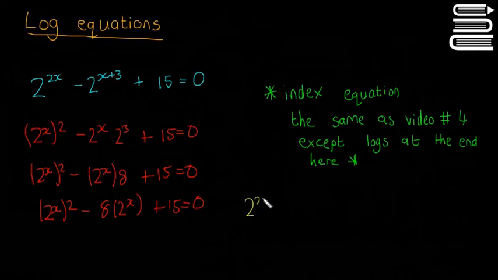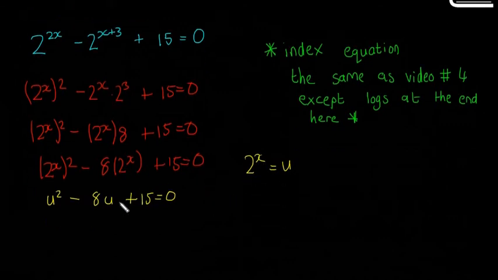So if we let 2 to the power of x equal u, then here we have u squared, u wherever 2 to the power of x was, minus 8 by u plus 15 is equal to 0. Does that make sense? So now we can solve for u instead of 2 to the power of x, because that's a bit awkward.